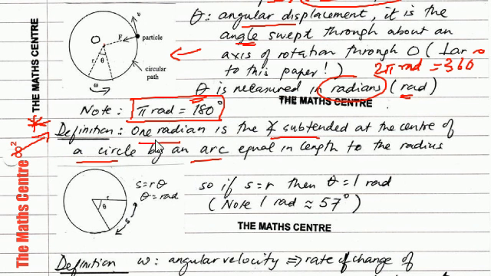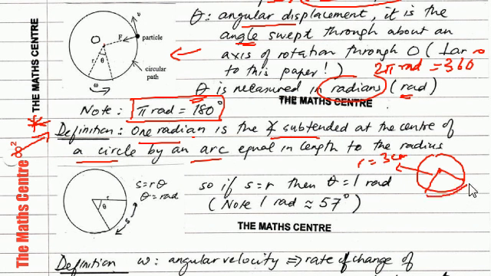Again, let's read this. Very important definition. How do you define a radian? 1 radian is the angle, that's important, the angle subtended at the center of a circle by an arc equal in length to the radius. What does this mean? Let me draw a picture here. Let's say this is the center. Now let's say the radius here is 3 cm.